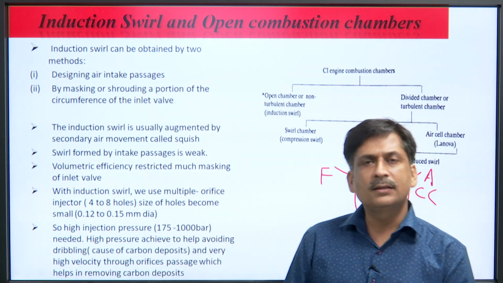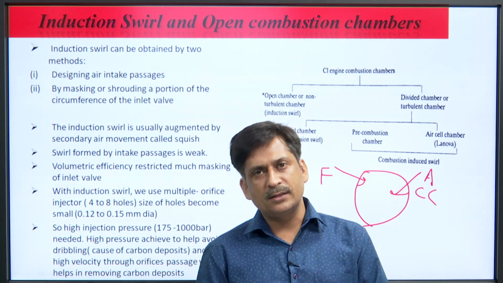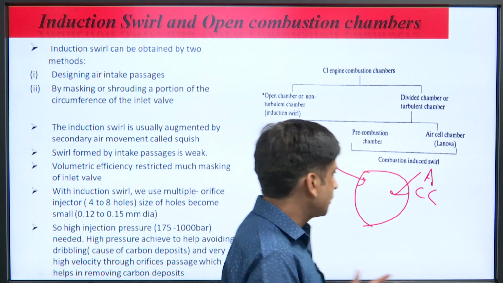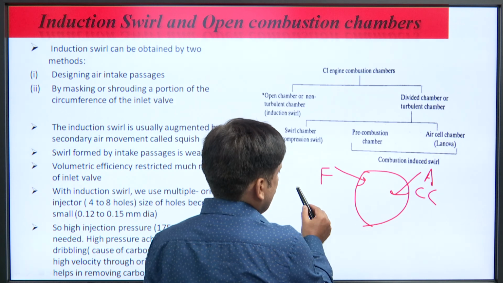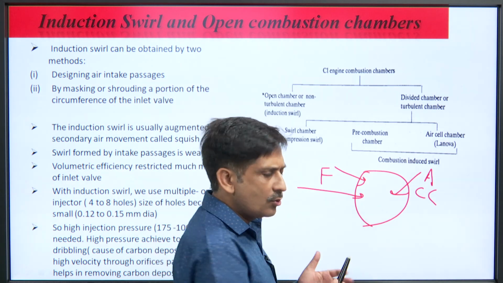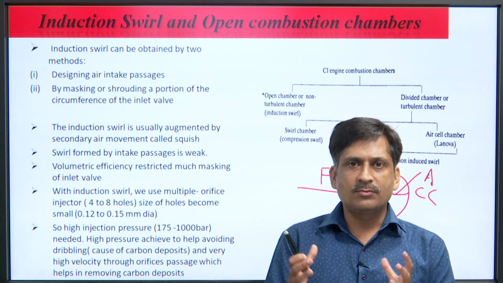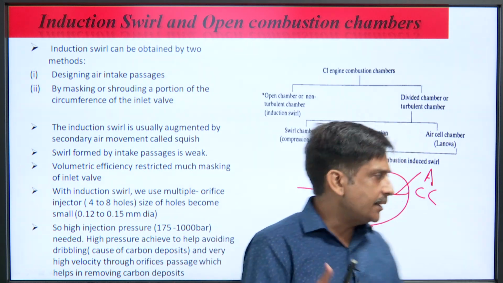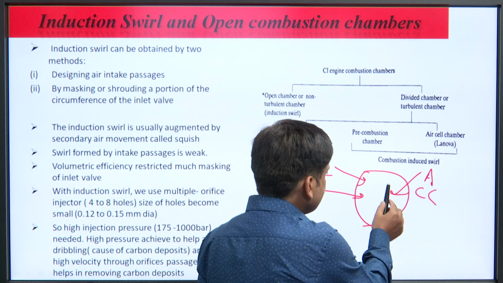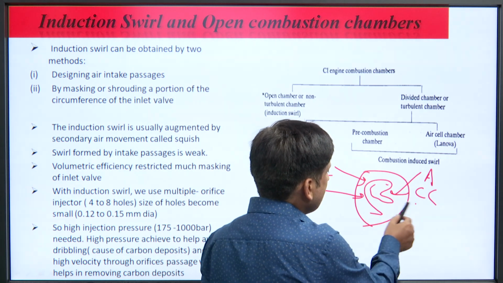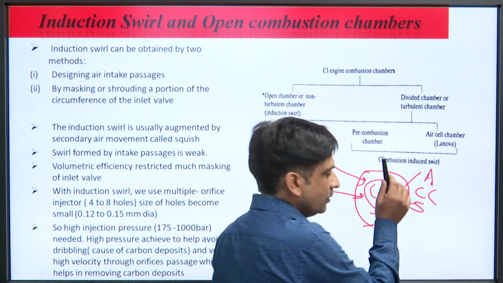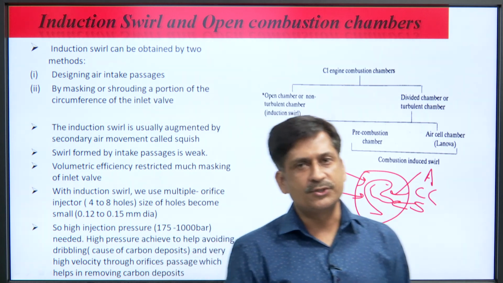In an SI engine combustion chamber there is a premixed charge, which is already available, and that prepared charge is ignited within the combustion chamber with the help of a spark at very high voltage.